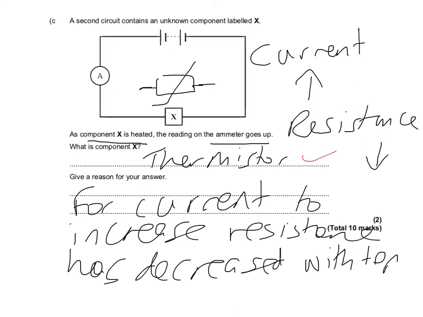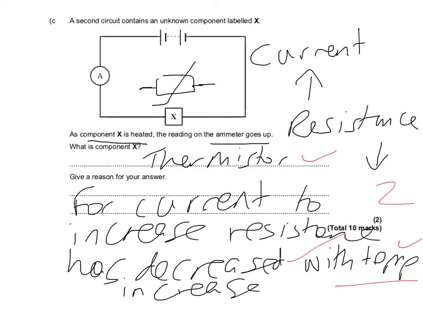I haven't got room to write temperature, I'm just going to write temp. So the idea that as temperature increases, resistance decreases, and that's the thermistor, gives you the second mark. So that's out of 2. And that brings us to the end of that question.